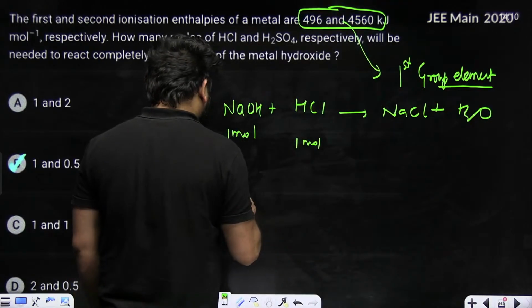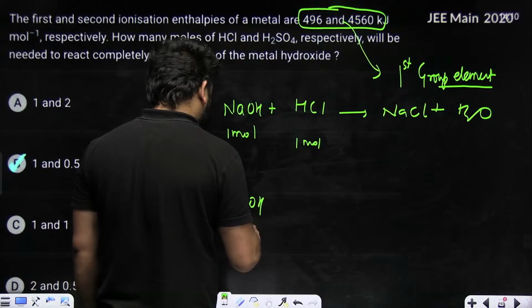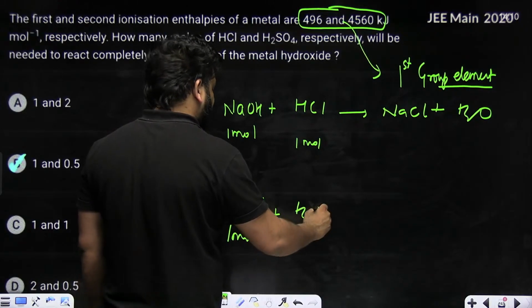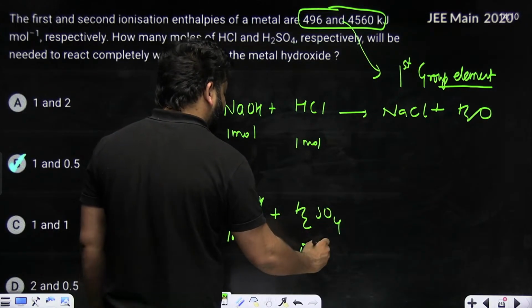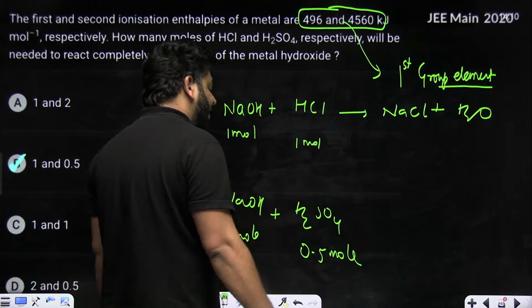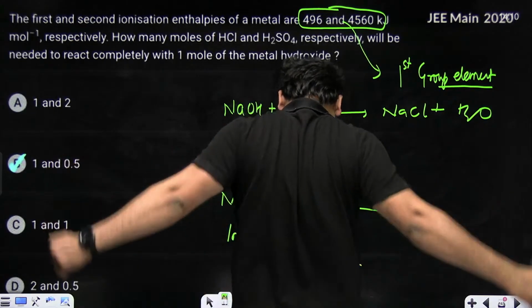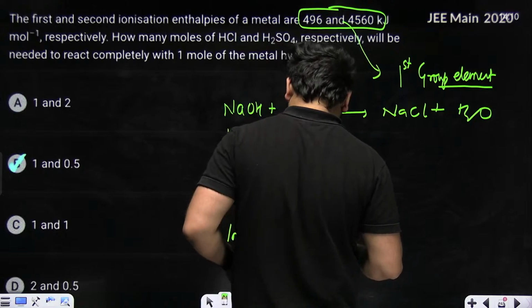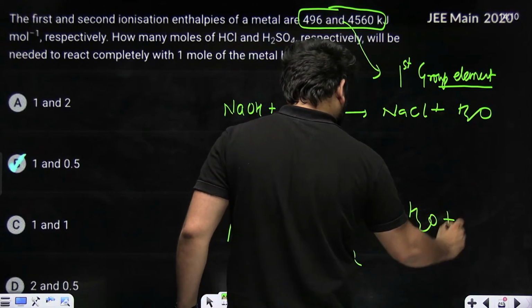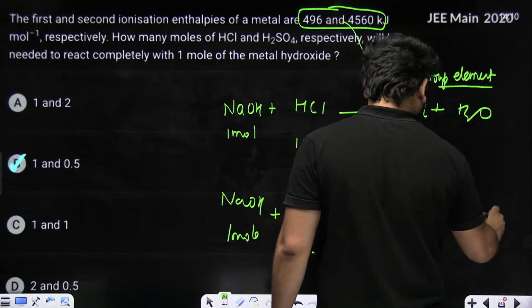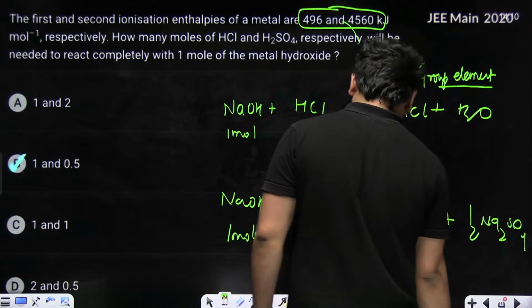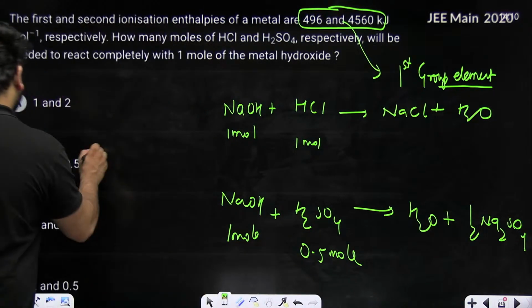If we carry out the same reaction with 1 mole of NaOH and H2SO4, it will be required with 0.5 mole. Why are we taking 0.5 mole of this? Because it will give you 2H plus, 1H plus, and half Na2SO4. So the correct answer is 1 and 0.5.